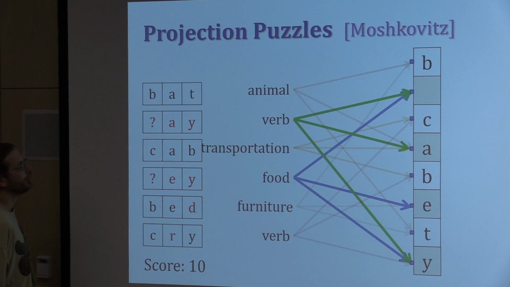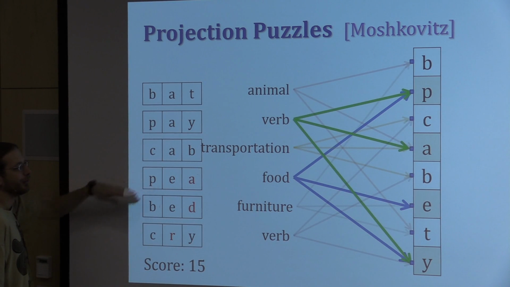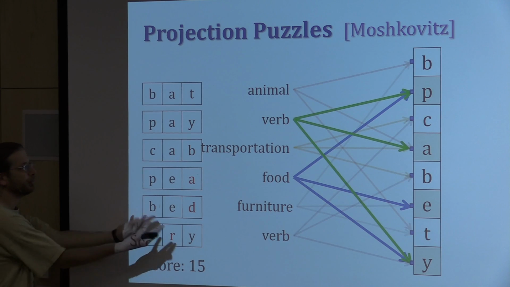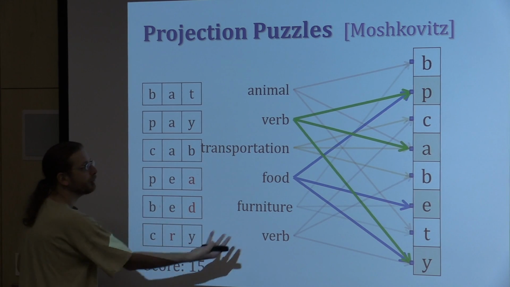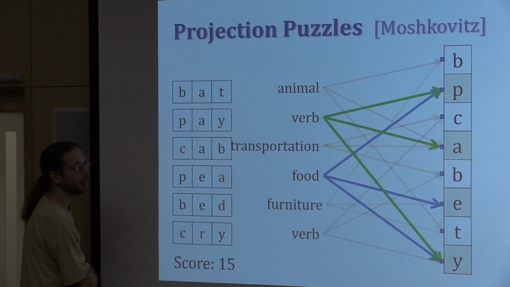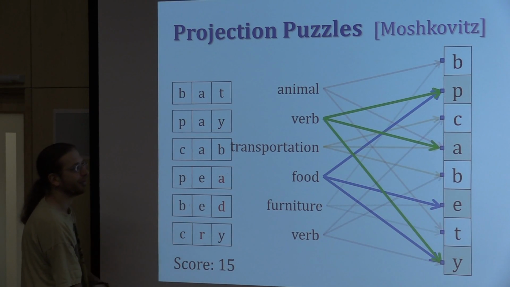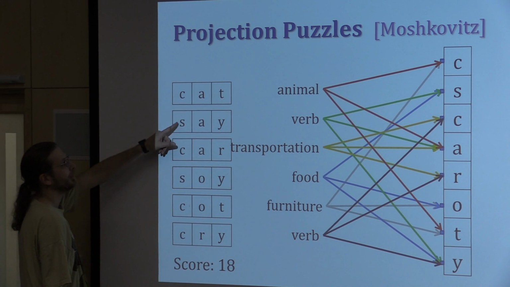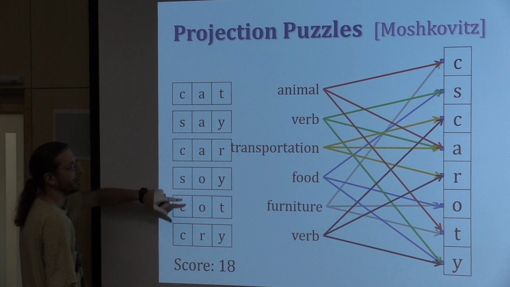So a pretty good choice would be P for that top letter. Then you get pay exactly and almost get pea. So a total score of 15. And so this would be a solution to max rep of cost 15. It's not the best. And if you stare at this example long enough, you can actually get a perfect solution of score 18, where there are no violations. Basically, in particular, you do say here and get soy for food.